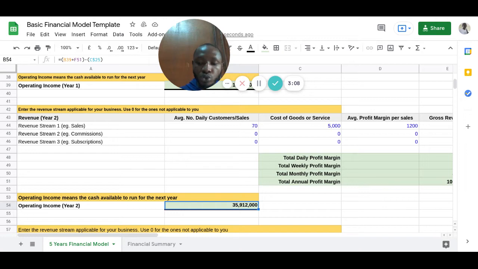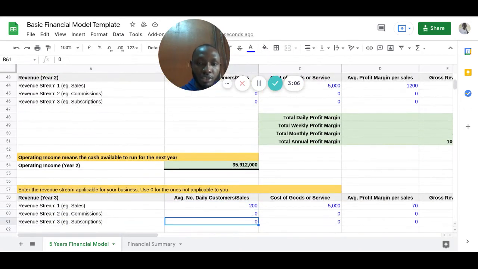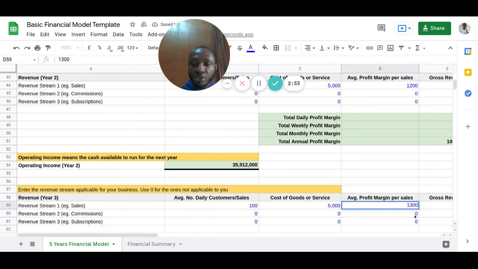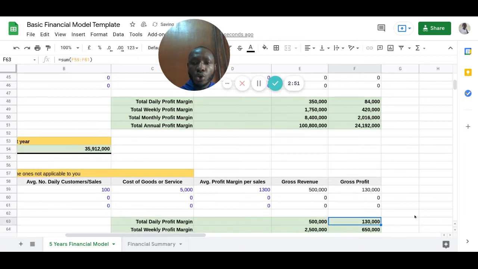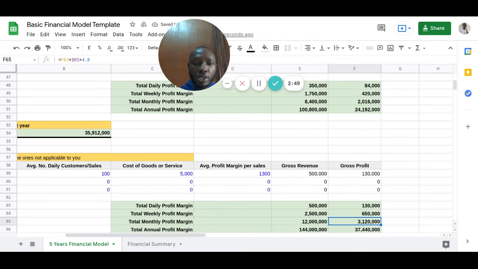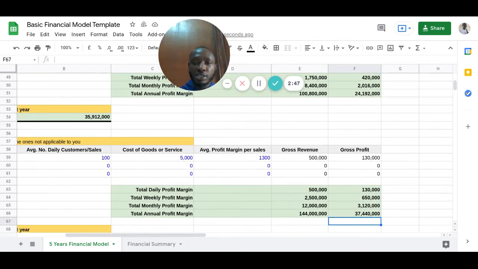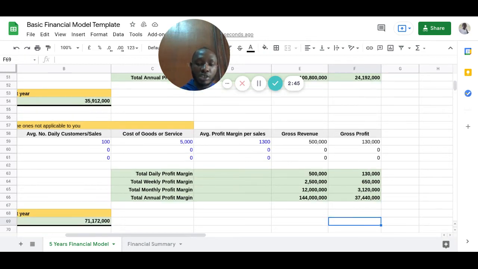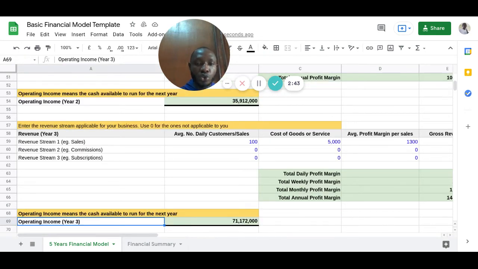Now you repeat the same thing for the third year. The second year you did 70. So let's say you are now doing 100, your product is still 5,000, and you are now making a margin of 1,300. It will automatically generate your weekly profit, monthly profit, and annual profit, which will also drop and show you your operating income here.